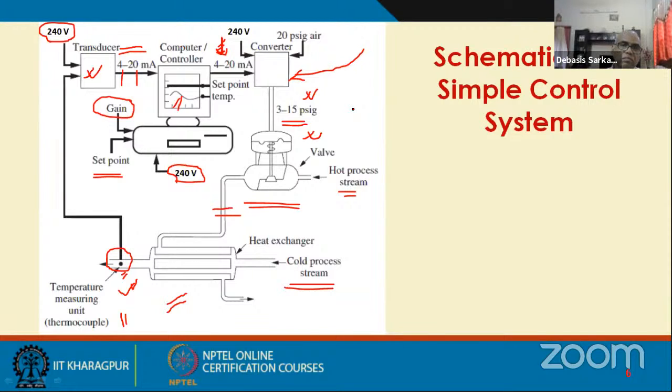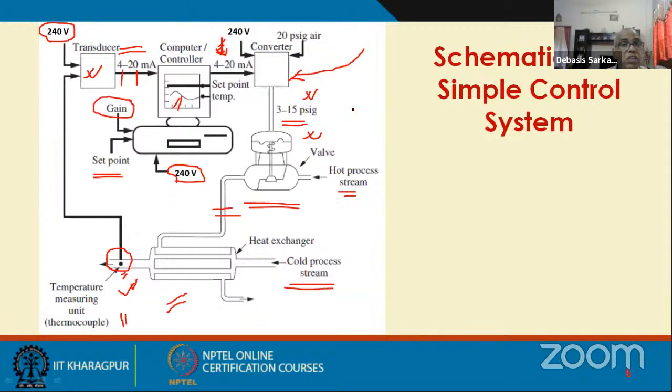Note that the current signal, in the range of 4 to 20 milliampere, will be converted to a pressure signal in the range of 3 to 15 psig. Information content must not be changed.